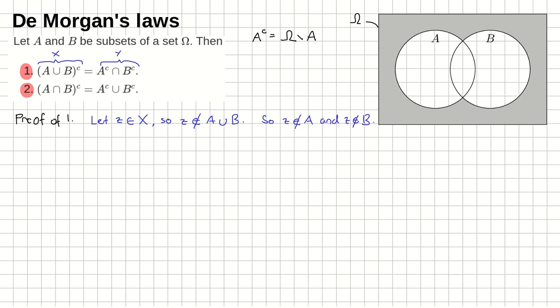Alright, if z is not in A, then that means z is in A complement. And if z is not in B, then that means z is in B complement. Okay, z is an element of A complement and an element of B complement, so it's an element of the intersection of A complement and B complement.